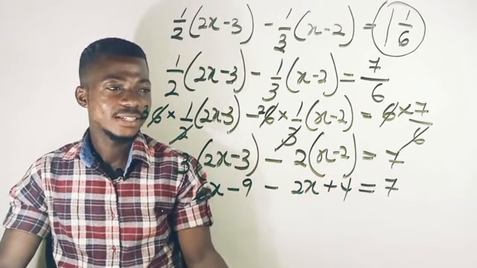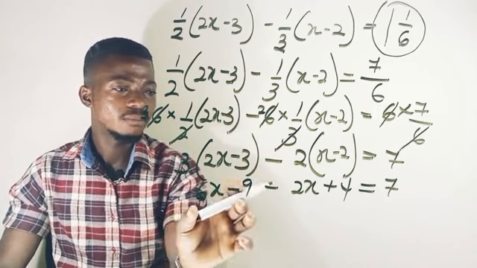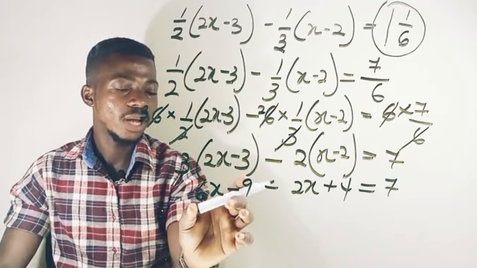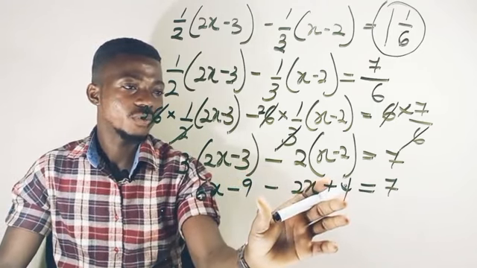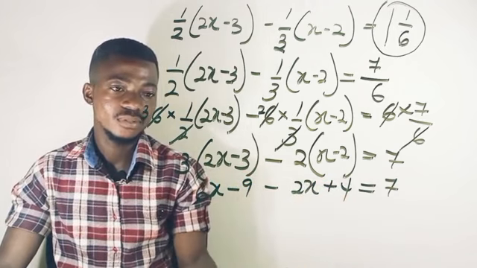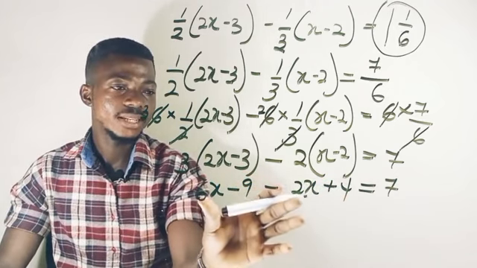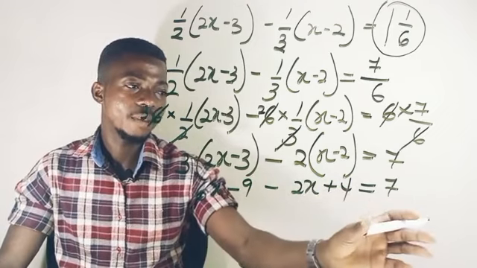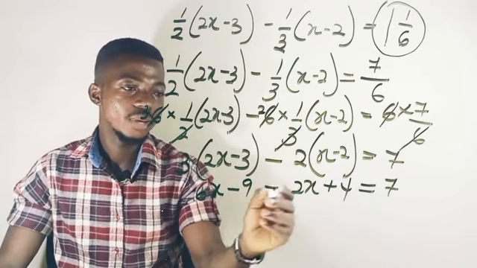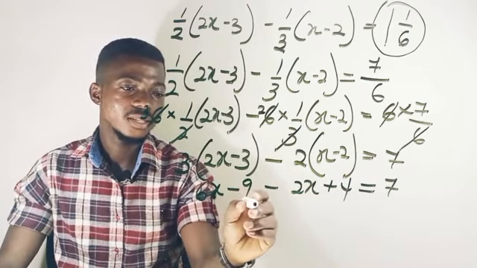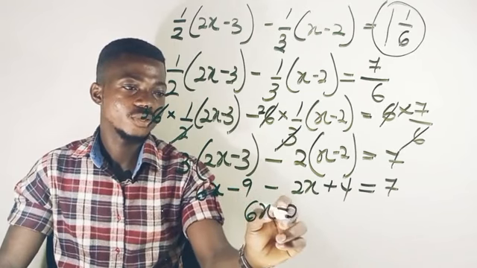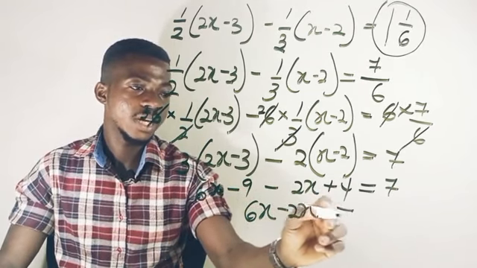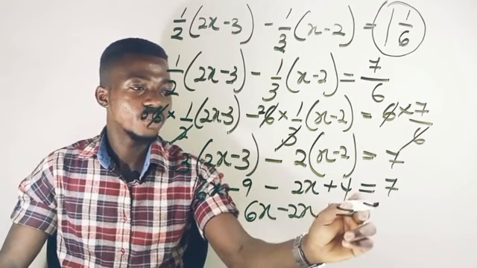So now you have terms with numbers or variables, and you have this one as well. You're going to group the like terms. You let the x family be here, then you move the numbers to the other side. We have 6x minus 2x. Bring your equal sign. Now there's a number here which is 7, so put it down.